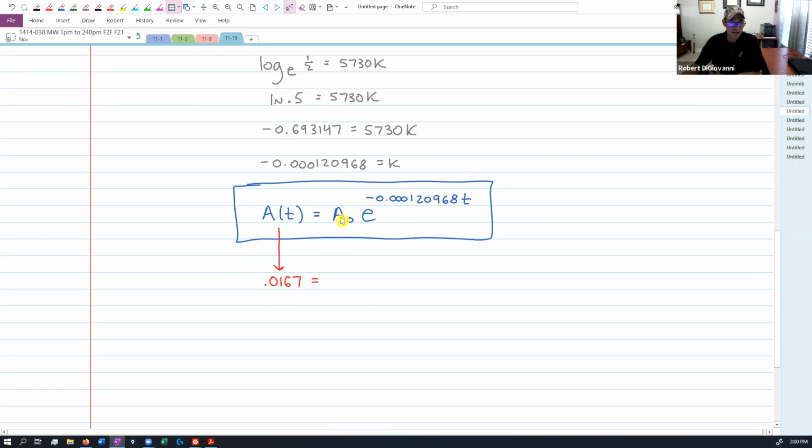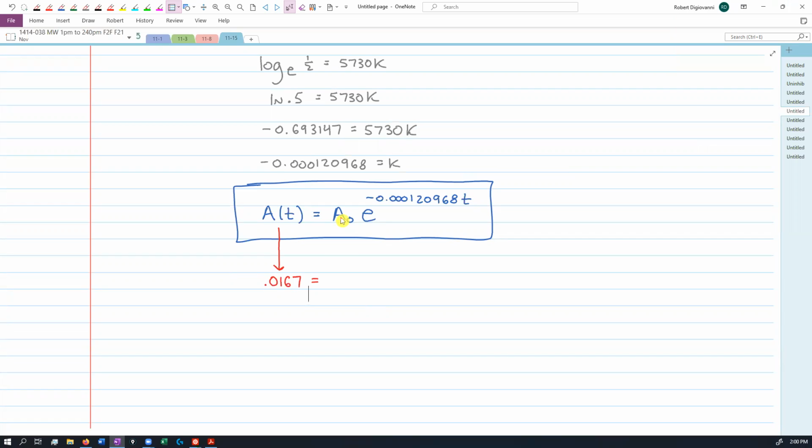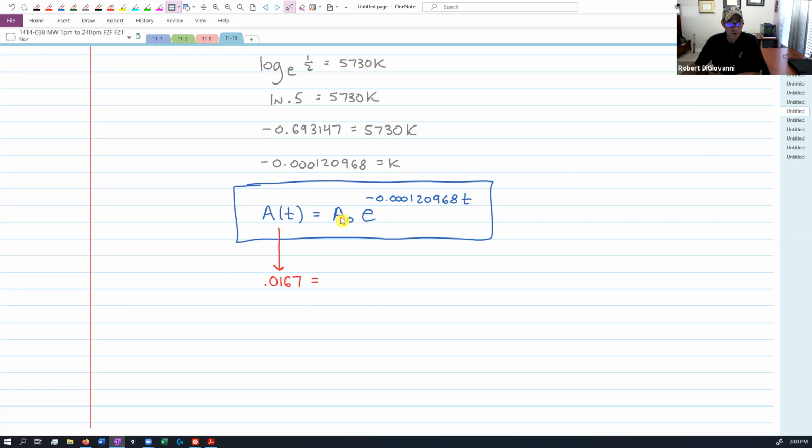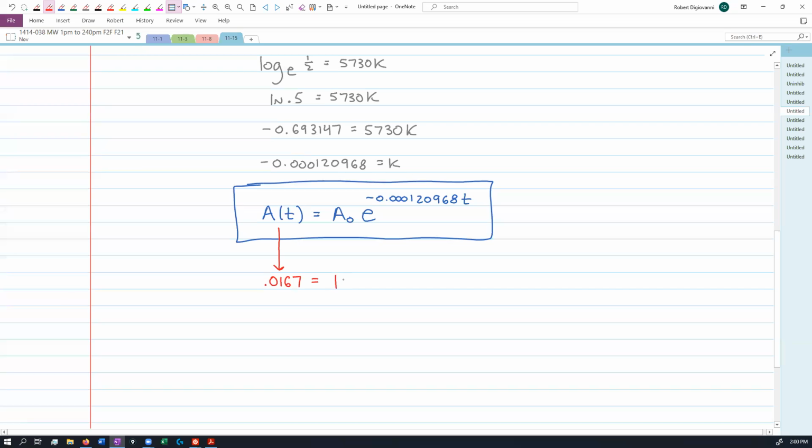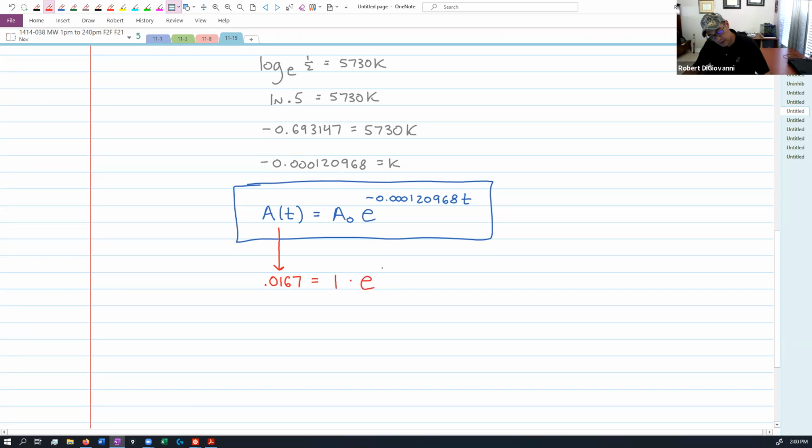It's right when the thing died, right? What percent of your carbon-14 should you have? 100%, right? But we need to convert that to a decimal. So A naught should be 1, right? 1 e to the negative 0.000120968 T.